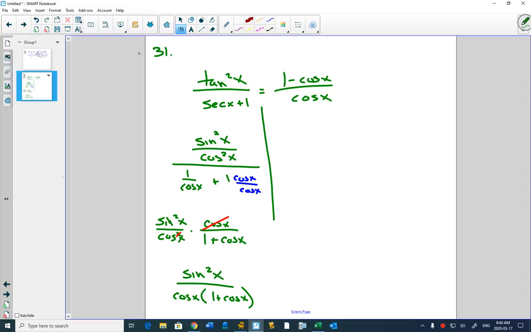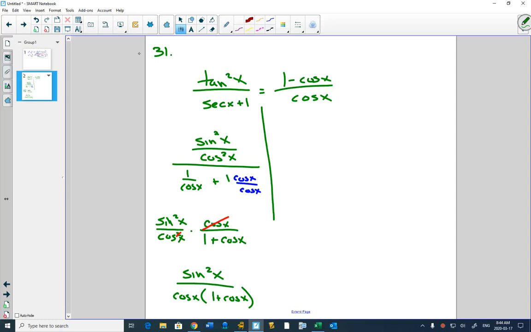And those strategies included factoring or build the other side, which is sometimes multiplying by the conjugate. Basically, 2 main strategies. Can I factor or can I build the other side? So I look on both sides. Is there any differences of squares that I can factor? Not really at this point.